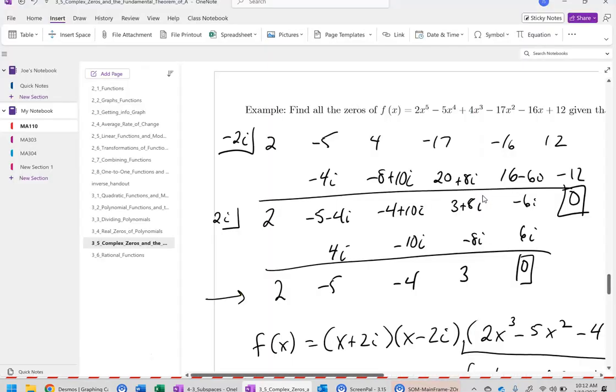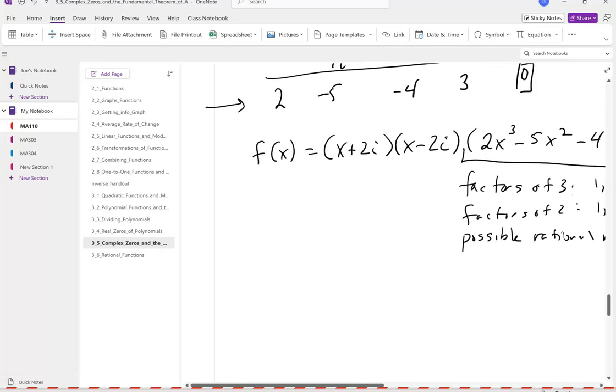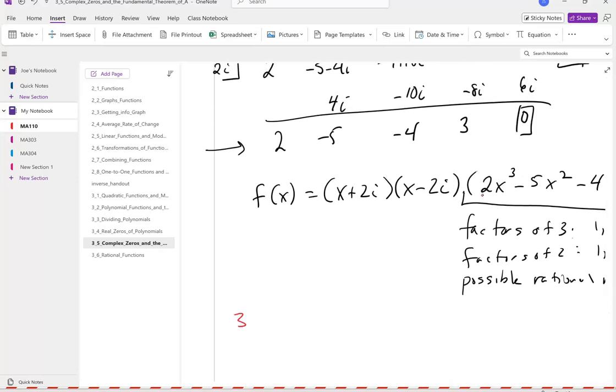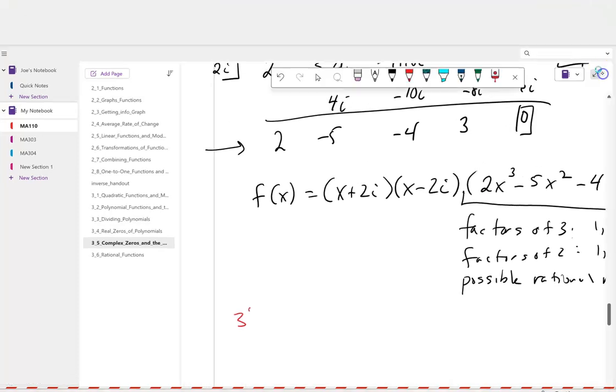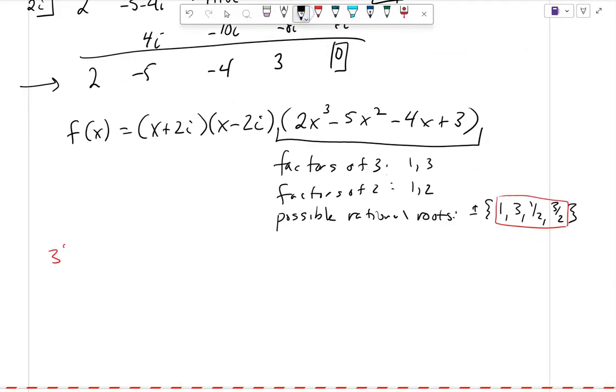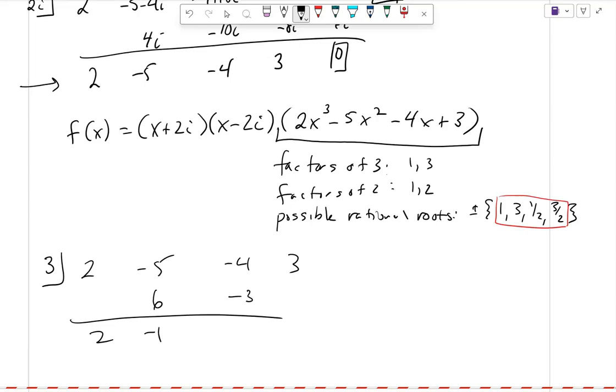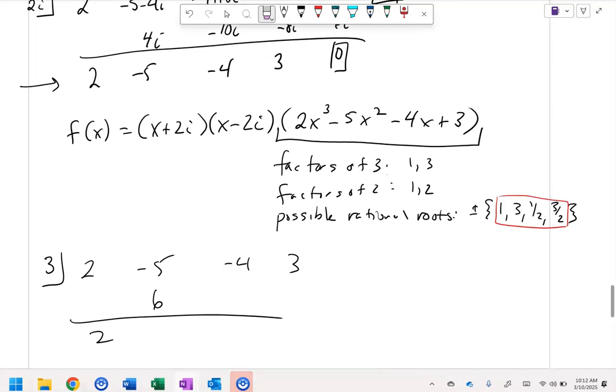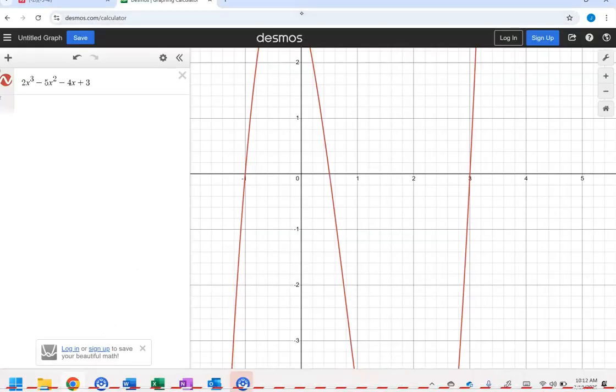Run the 3 through. Bring down the 2, multiply, add, multiply. Interesting. What did I do wrong? Did I type in the wrong function? 2, negative 5, negative 4, 3.